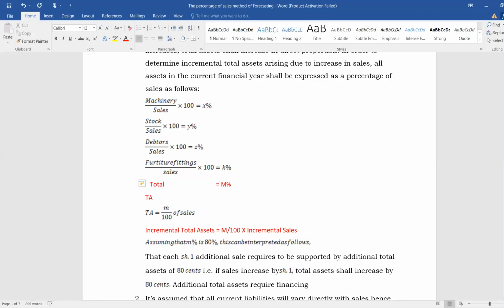Ukiongeza all assets, total assets divided by sales, of course sales for the current financial year, whatever answer you find, multiply by 100. This could give you M% directly.